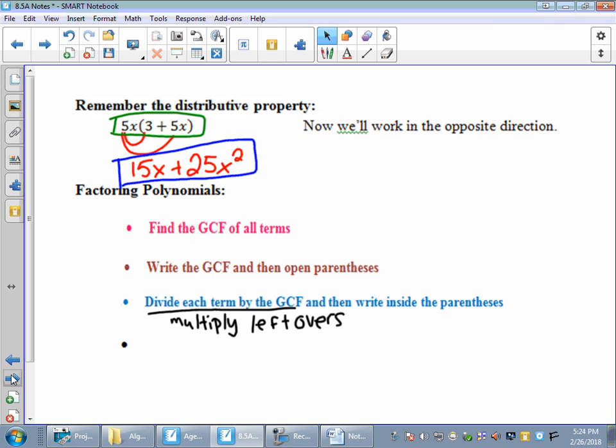I do have one more point about factoring for you today. In today's factoring, and I do mean today's, this won't always be true, but if we're talking about pulling out a greatest common factor, the number of terms you started with should be the number of terms in the parentheses.